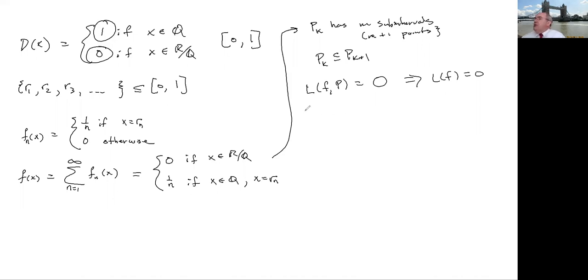When we look at our upper sum on one of these partitions that we've picked, on one of the subintervals, if we look at how we've defined this function, when n is equal to 1 here, then our function is equal to 1. So on one of these subintervals, the function is going to be equal to 1, so our supremum is going to be equal to 1.